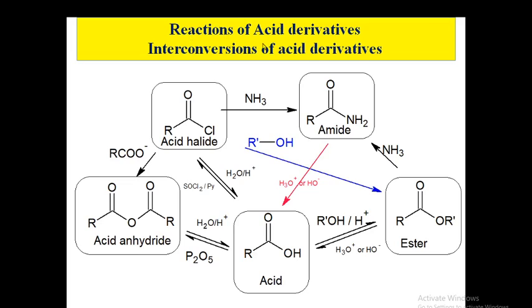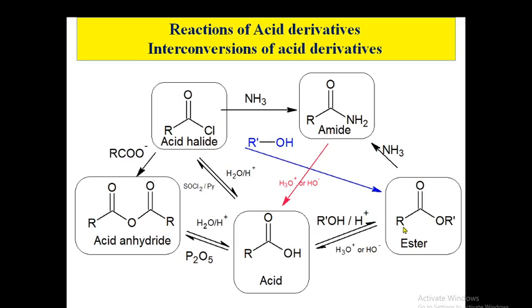Now the reactions of acid derivatives in the form of interconversion of acid derivatives. Here I have taken carboxylic acid derivatives that we can all prepare from carboxylic acid, and these are interconverted to each other. We have one chart here. So carboxylic acid can be converted into ester by reacting with alcohol in acidic medium.